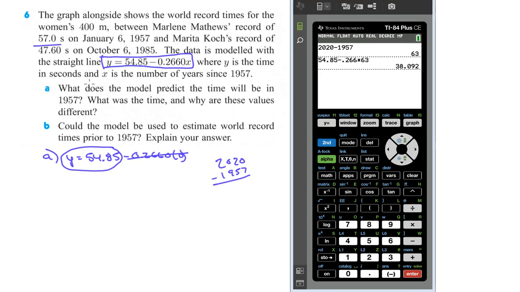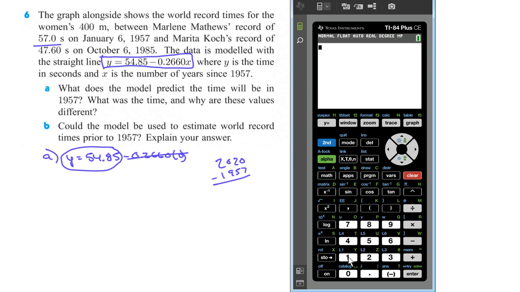Hold on. Okay, so Marita Koch's record is still standing today, as I just checked here. But October 6, 1985, let's do this again. We've already finished doing this, but I just want to double check our formula here to prove a point.